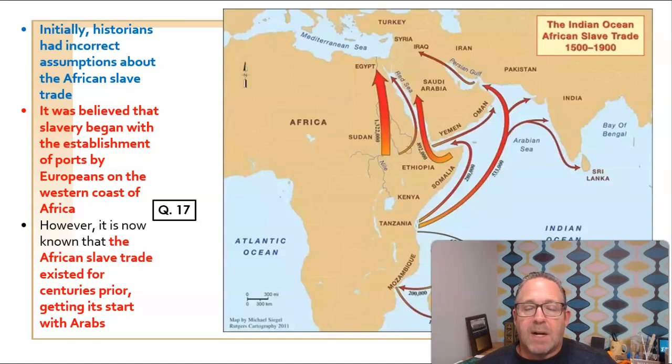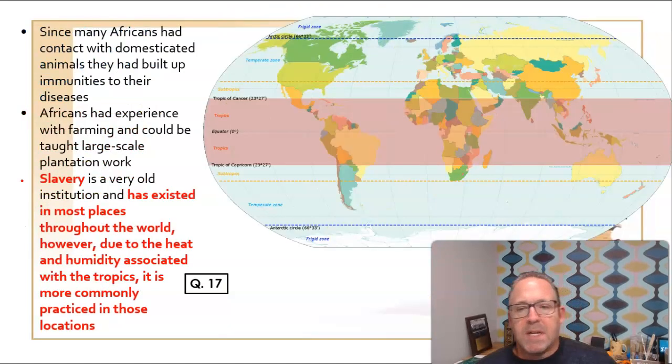Earlier, Arab traders and slave traders conducted that on the eastern half of the continent, in what we call the Horn of Africa, in this area right here near the modern day countries of Ethiopia and Somalia. Millions of slaves were stripped from the eastern half of Africa, and they went throughout the Middle East. So that's just a correction to a common misconception regarding slavery.